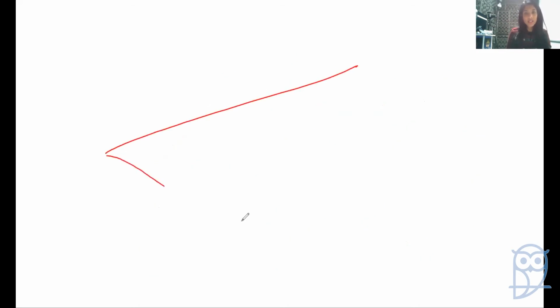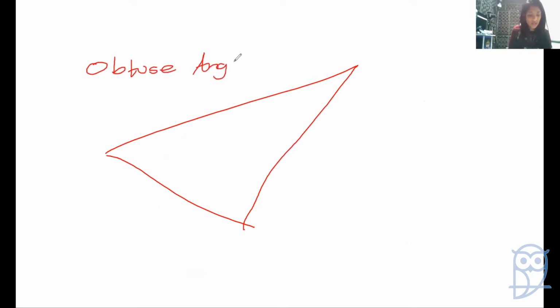Okay, let's talk about an obtuse angle. What do we know about an obtuse angle? One angle of the triangle is greater than 90 degrees, and the two other angles are less than 90 degrees.